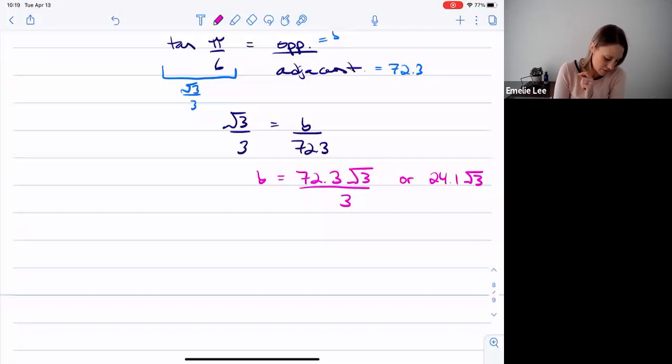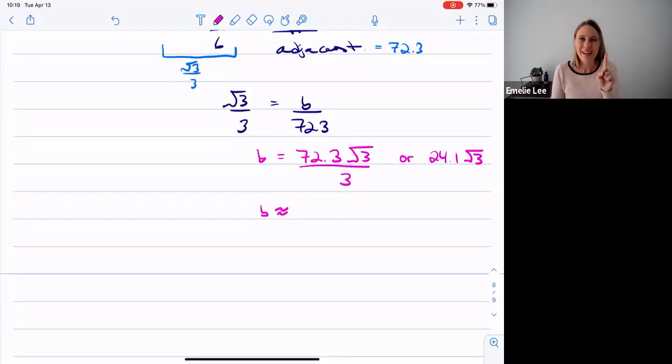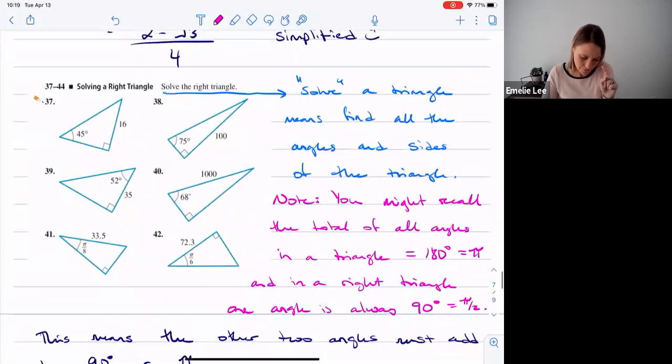But if I approximate that, 24.1 times the square root of 3 is roughly, so B is roughly, and I think it asked for the exact values. I can't remember. It didn't. So maybe we can use approximate values.